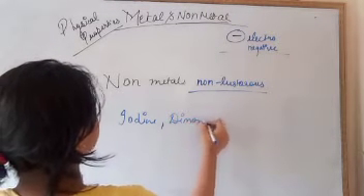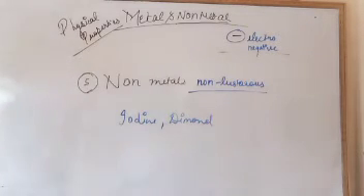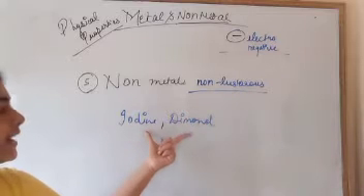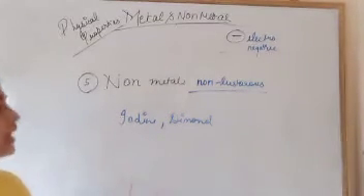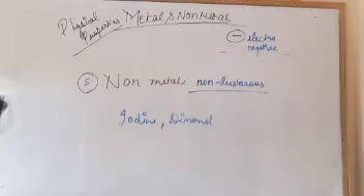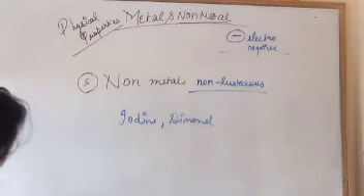They are very shiny, very lustrous. So non-metals are non-lustrous, whereas iodine and diamond are very shiny, very lustrous in nature.